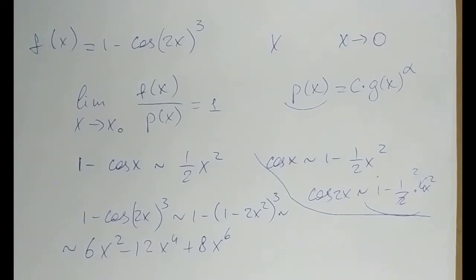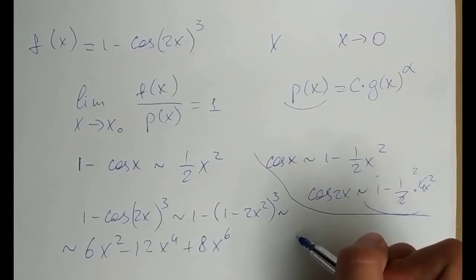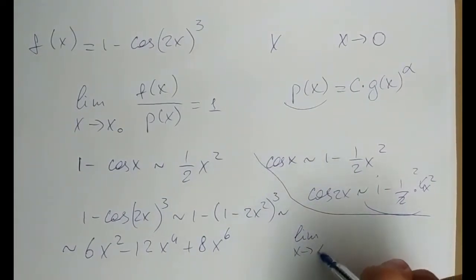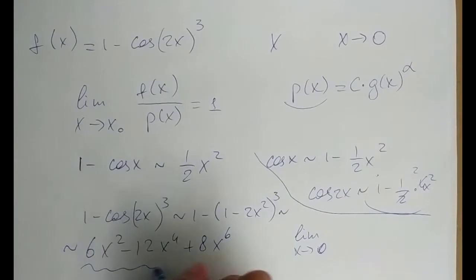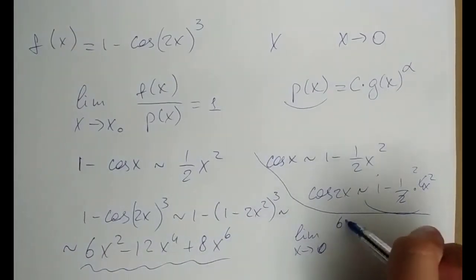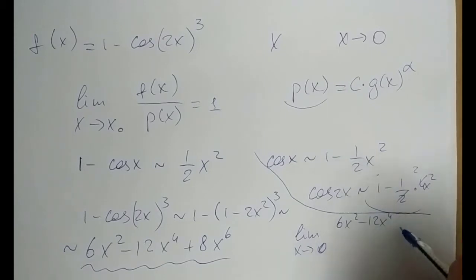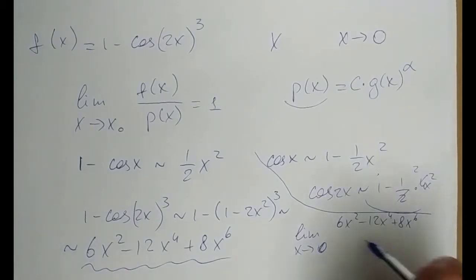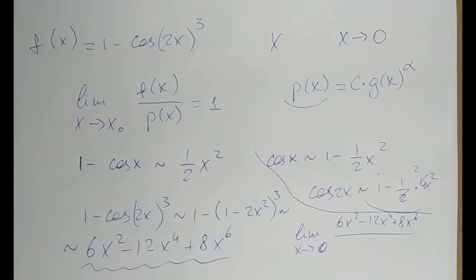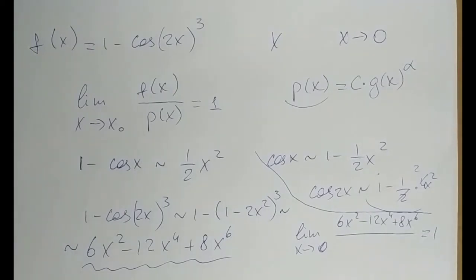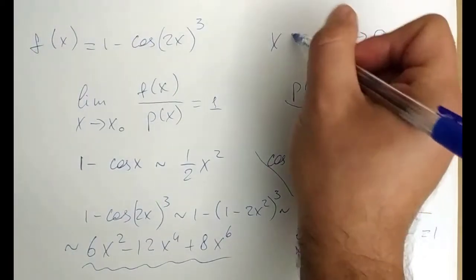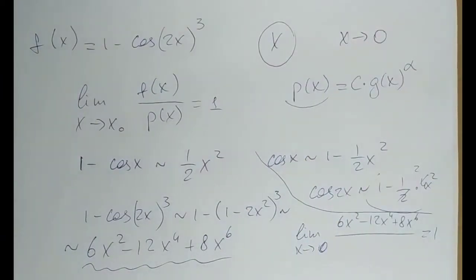So now, let's find the principal part. It should be the limit as x tends to 0. In our case, instead of f of x, we can put this expression, 6x squared minus 12x to the fourth plus 8x to the sixth degree, over p, and it should be equal to 1. And our p of x, in this case, is with respect to the test function of x, as x tends to 0.